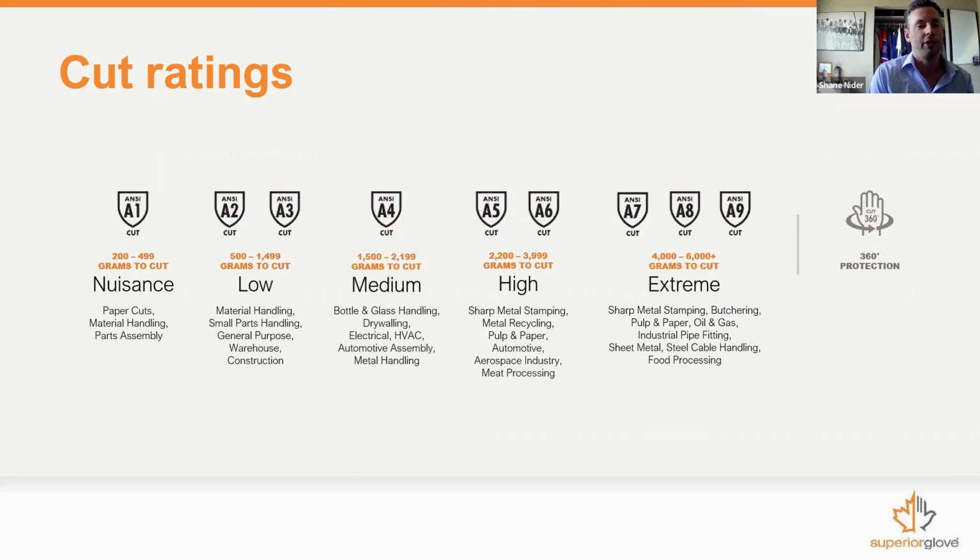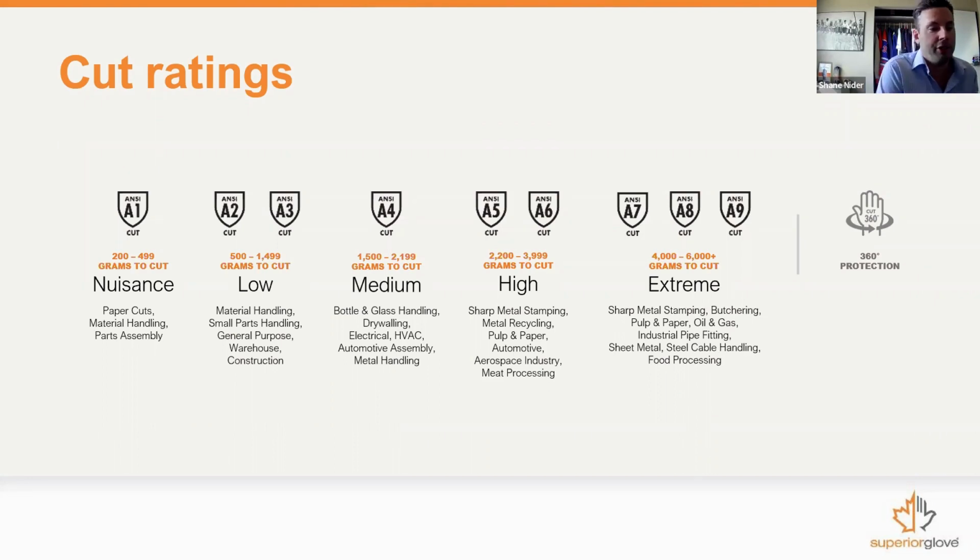From a general perspective, is this a low risk application? Is this moderate, or are we on the extreme? When you're walking around your environment, looking at your different applications and picturing yourself doing that application, you can ask yourself, is this low risk? Is this moderate? Or no, this is extreme, like this is some really sharp stuff.